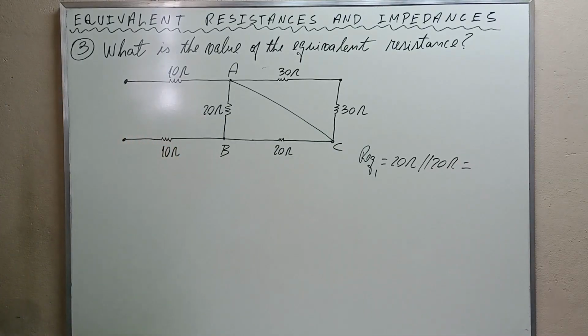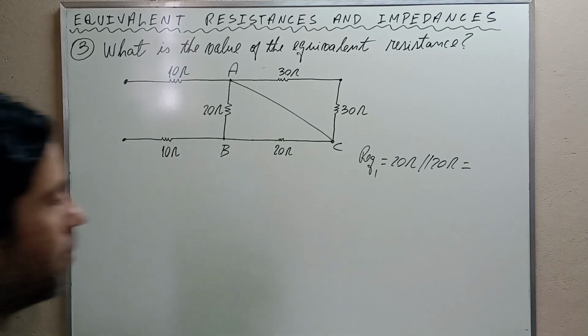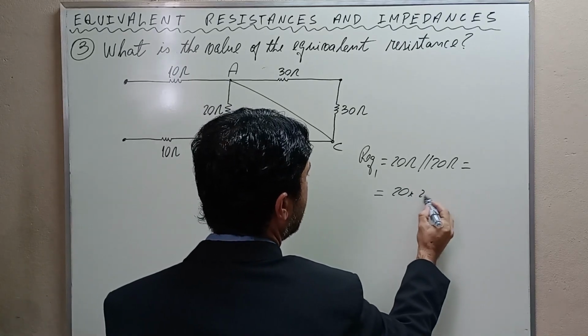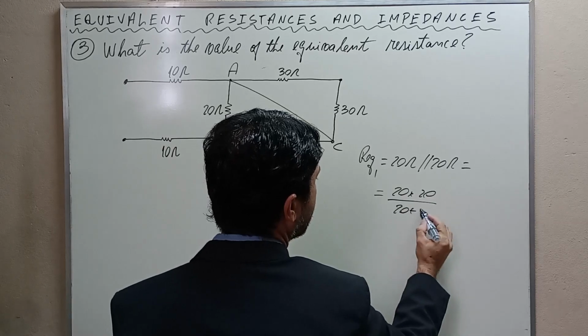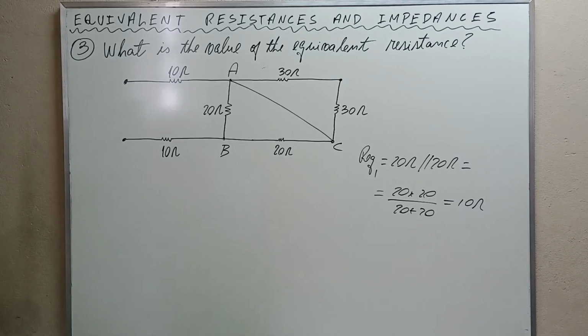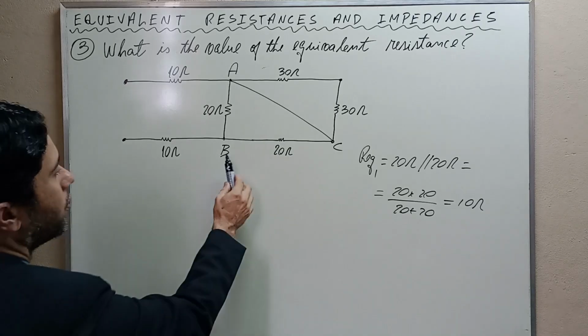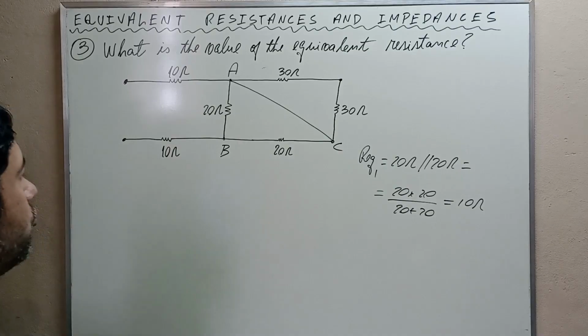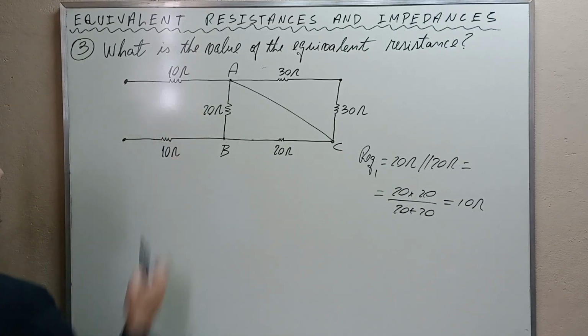And how can we calculate the parallel combination between 2 resistors? It is the product over the sum, and this is equal to 10 ohms. This 10 ohms resulting from the parallel combination between these 2 resistances will be in series with this, okay?